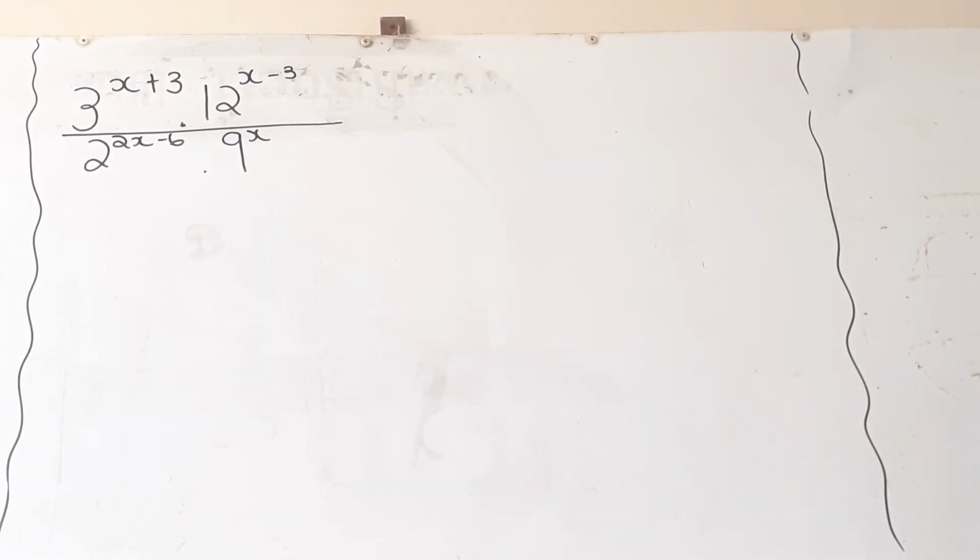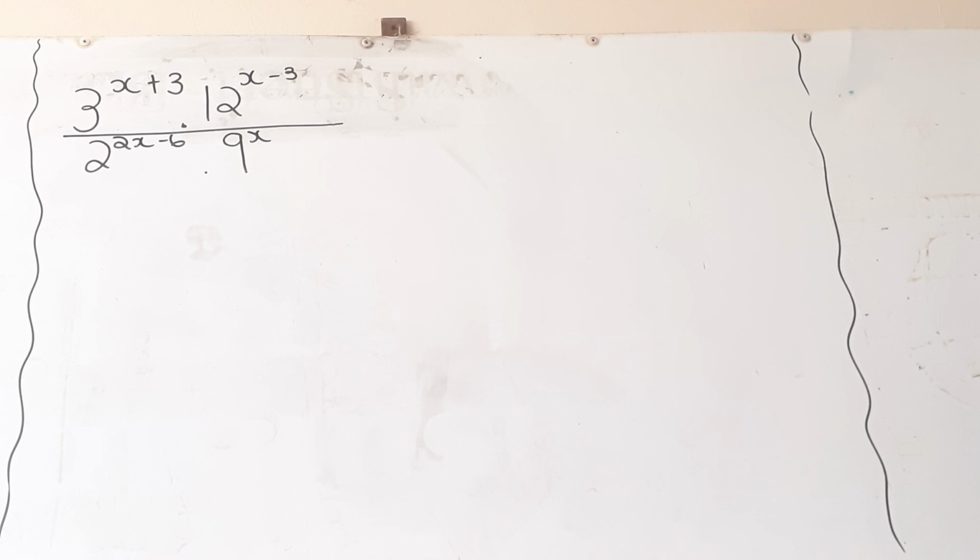Yes, we have this expression that we have to solve: 3 to the power of x plus 3 times 12 to the power of x minus 3 over 2 to the power of 2x minus 6 times 9 to the power of x. What you have to do now is break the bigger numbers. Look at the small numbers that you are given.